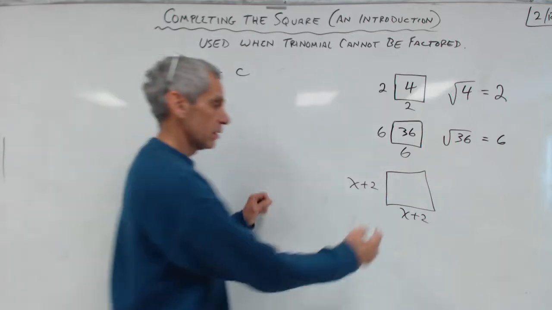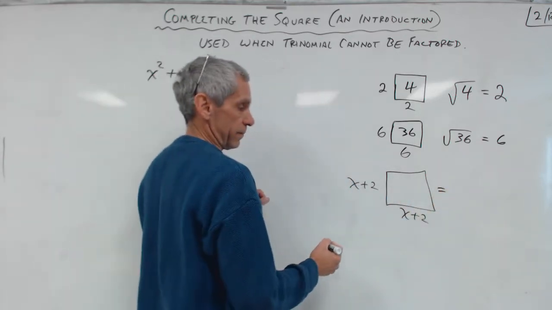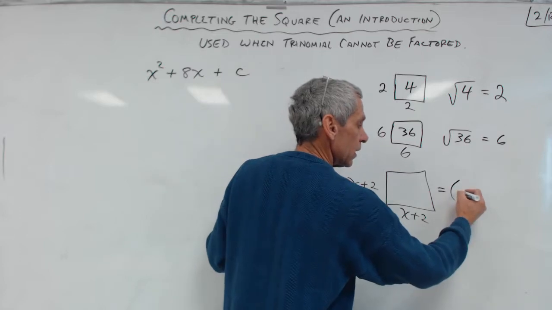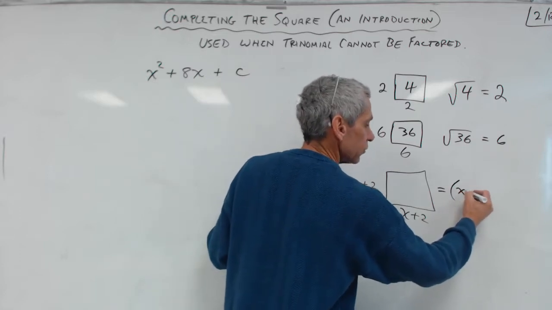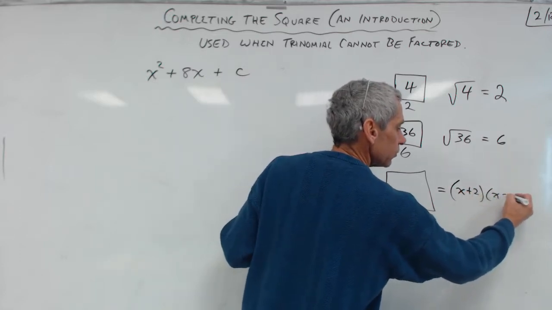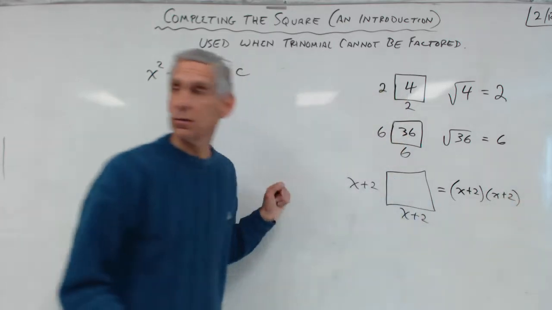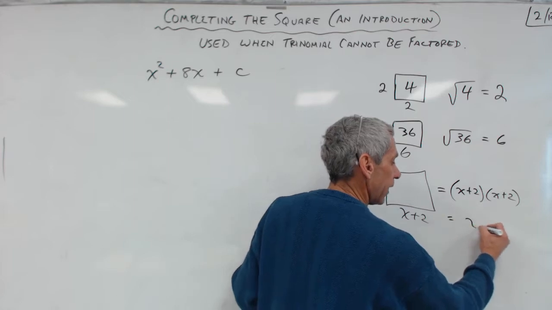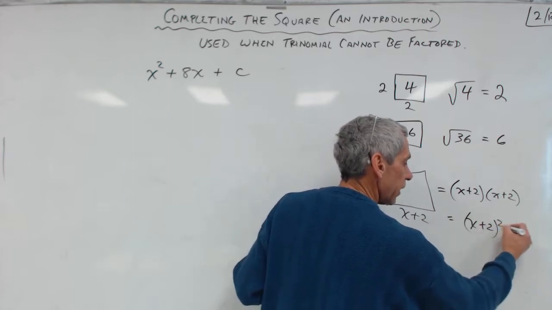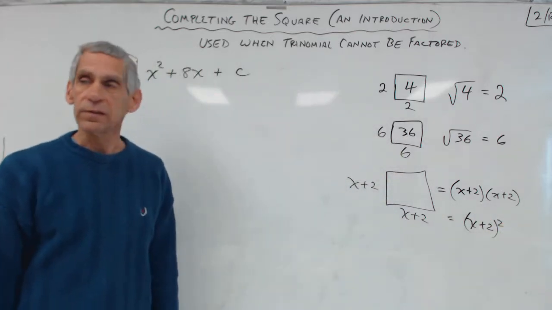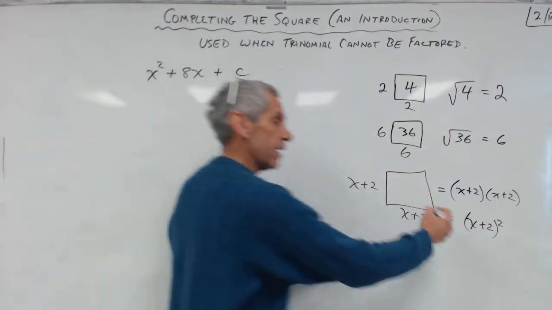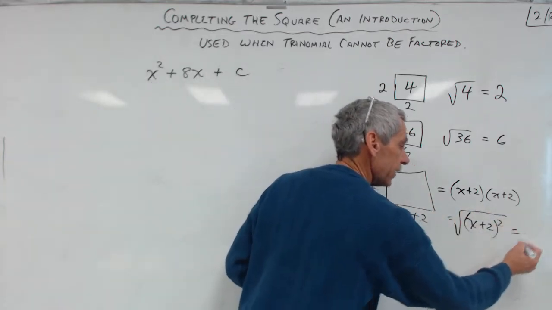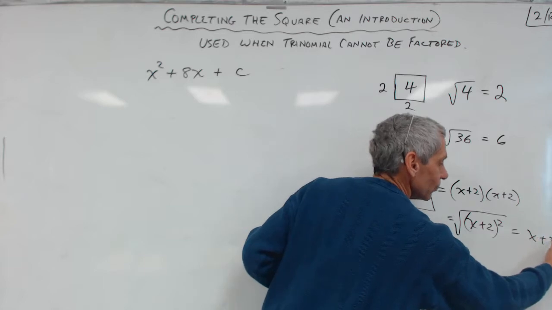I would do x plus 2 times x plus 2, right? Which I could also write as x plus 2 squared. Is that true? And then can I take the square root of this? What would I get? x plus 2.